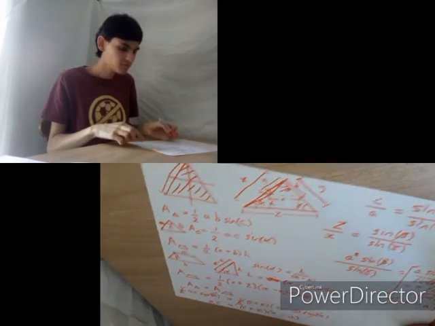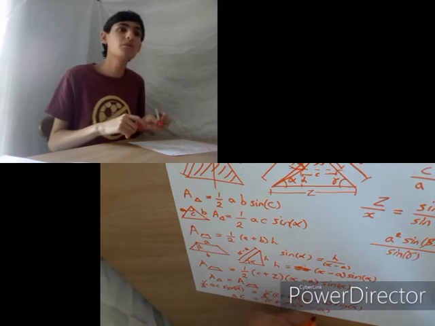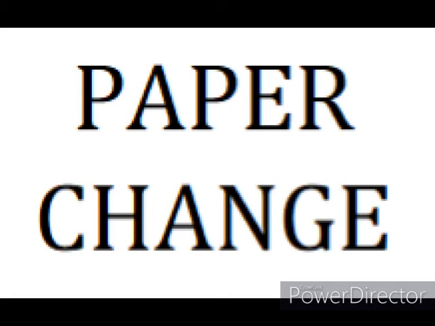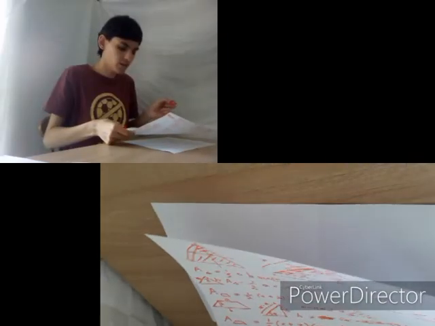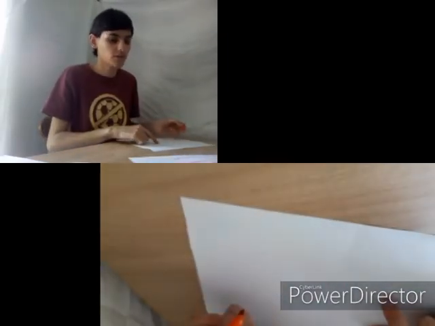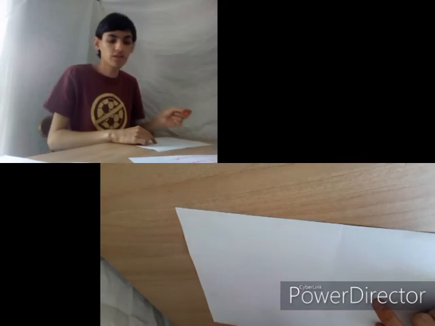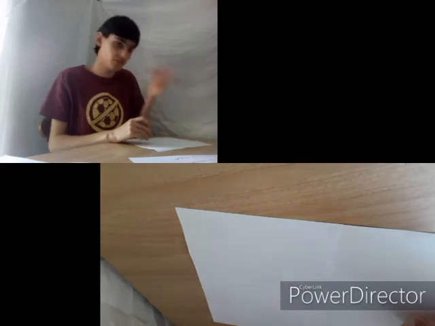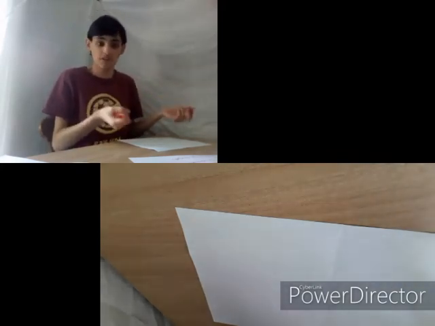Then again we can cancel out the sine beta over sine gamma, because beta and gamma are between 0 and 180, so sine of them is never 0.